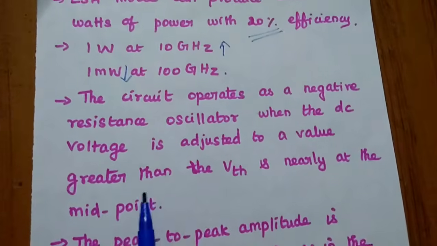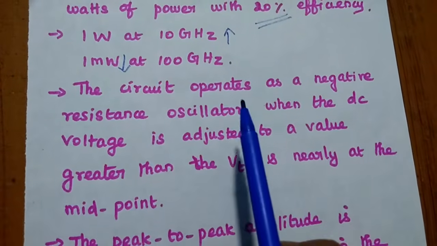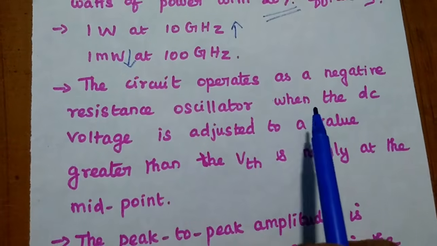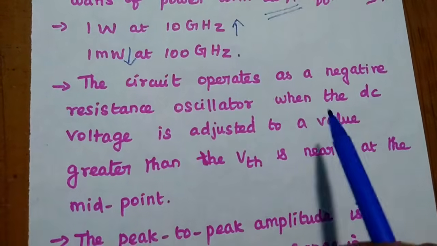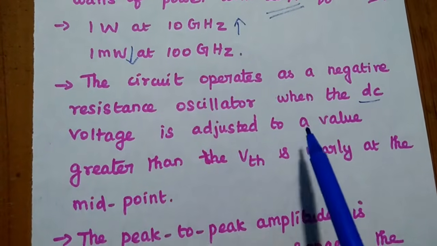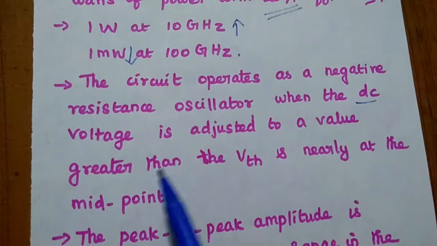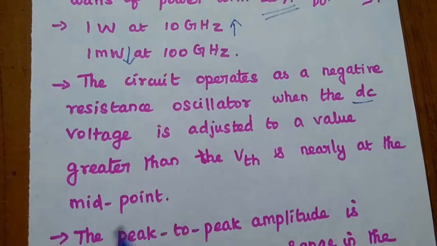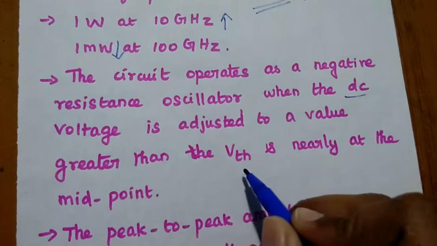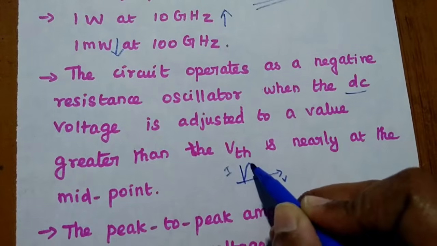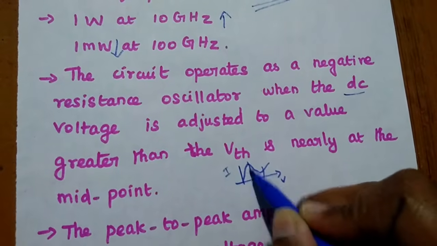Here, the LSA mode circuit operates as a negative resistance oscillator when the DC voltage, that is the applied voltage, is adjusted to a value greater than the threshold and nearly at the midpoint, as we already discussed. This is the VI characteristics of the Gunn diode, and this is the negative region.